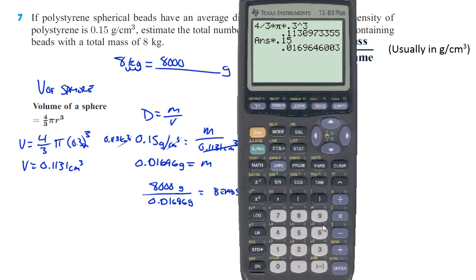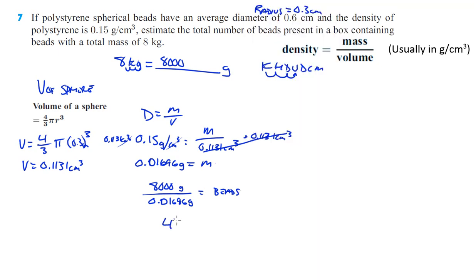We already have that number in there, so let's take 8,000 and divide it by our answer. And that gives us 471,570 beads. That's a lot of beads.